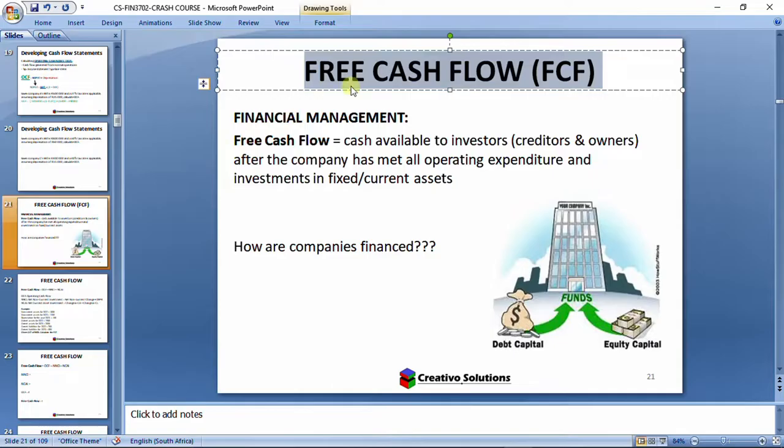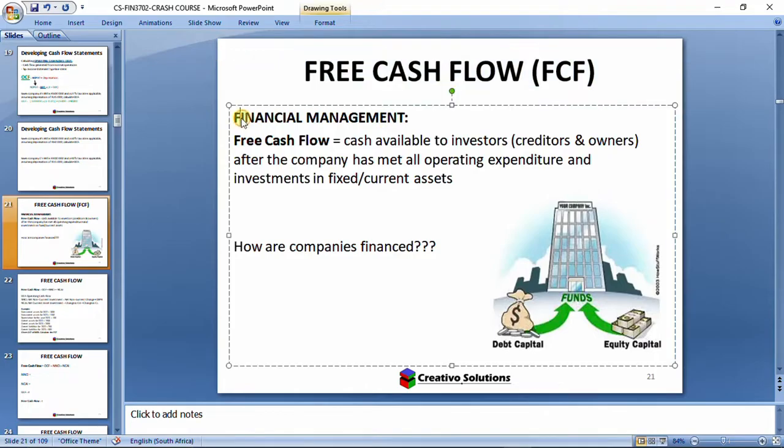It links to the cash flow statement. So just to make sure that you're on the right page, when looking at this concept in financial management, free cash flow is the cash available to the investors, which are the creditors and the owners of the company, after meeting all the operating expenditure requirements of the business.